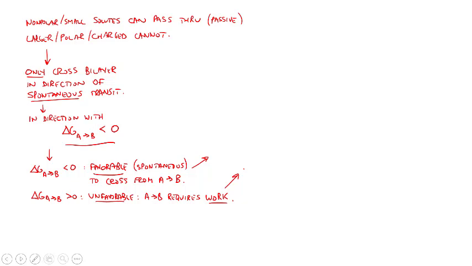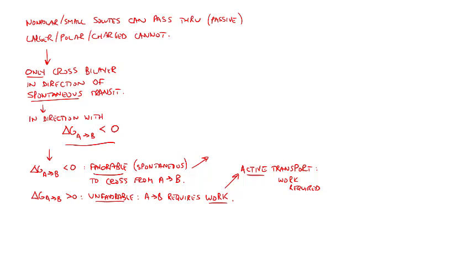If you're trying to move a solute from one side to another of a bilayer and it is unfavorable, you have to do work to get it to happen. That's what's called active transport. Work must be done somehow. Oftentimes that's by using ATP, but not always.